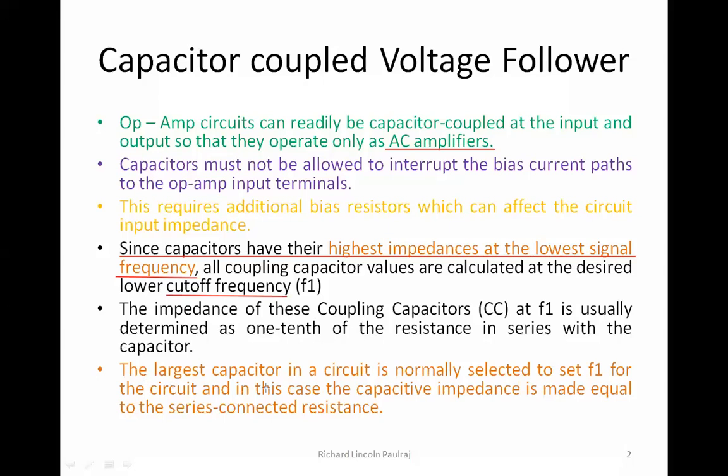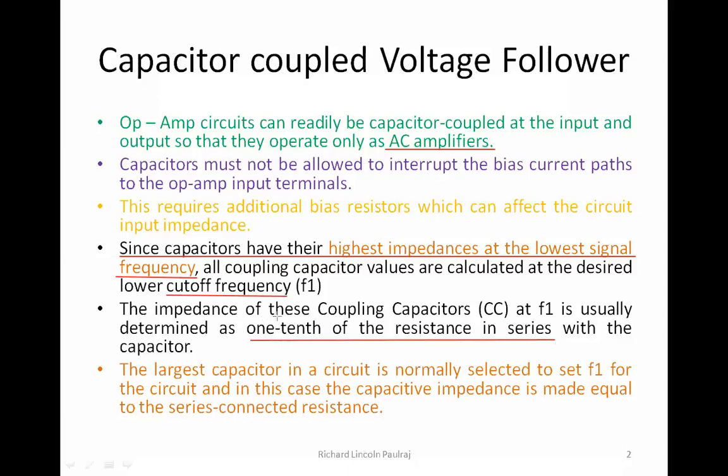The largest capacitor in a circuit is normally selected to set F1 for the circuit, and in this case the capacitive impedance is made equal to the series connected resistance. Now remember this 1/10 of the resistance that I was talking about. So this is made equal to the impedance of the capacitor. It is a kind of nullifying effect.